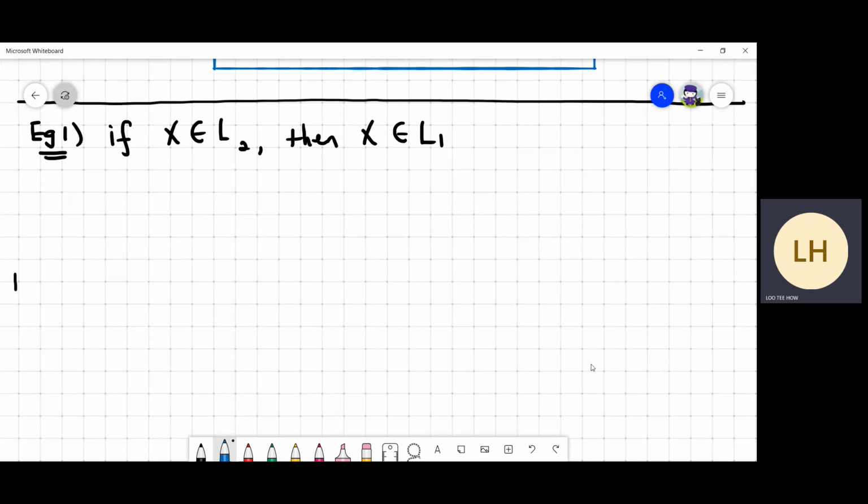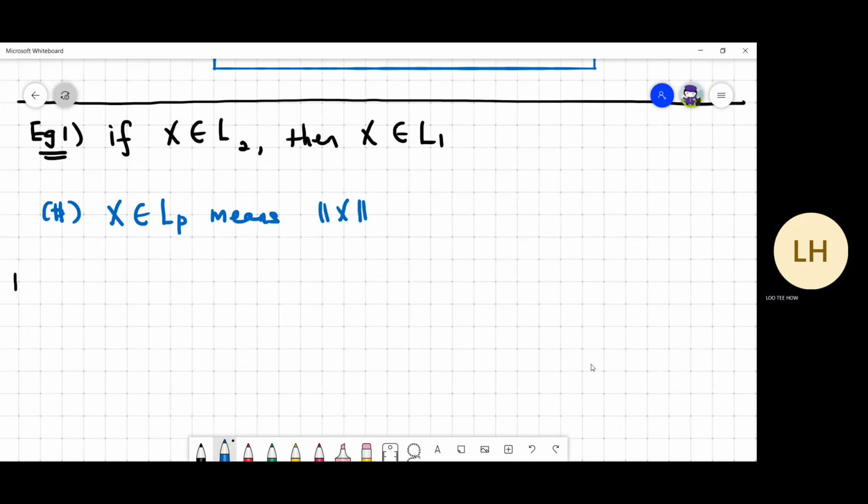Okay, before solving this, just recall our definitions here. What's the meaning of x belongs to LP? X belongs to LP simply means the P norm of x is not infinity.